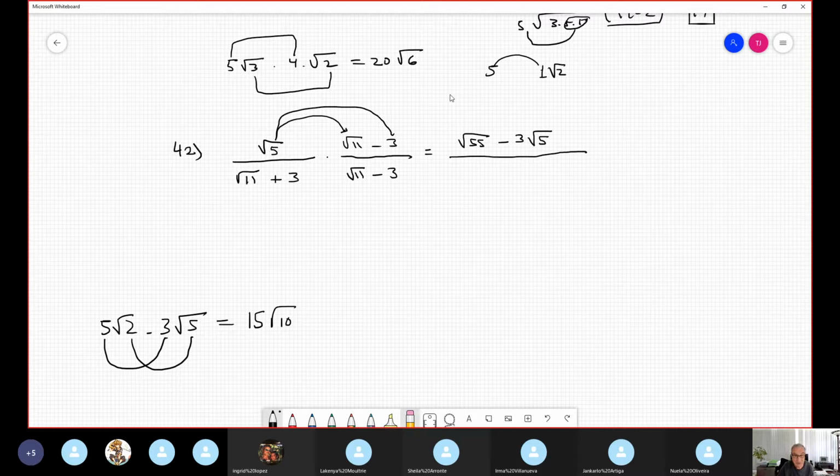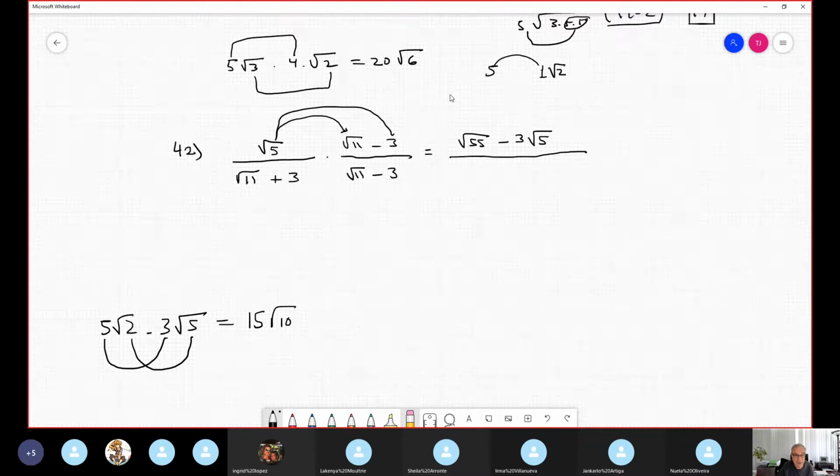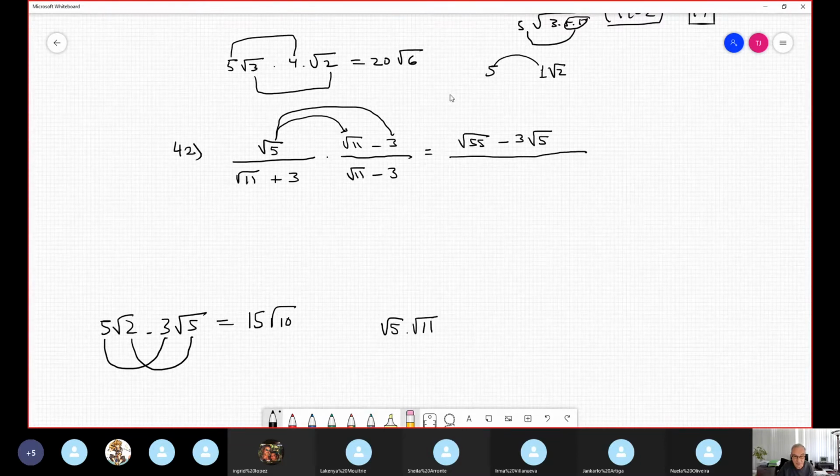Make sense? In this case, radical 5 times radical 11. Okay, let's do it separately. Radical 5 times radical 11 is radical 55. Yes, in this case we can multiply because they are inside the radical. However, radical 5 multiplied by negative 3 is negative 3 times radical 5, because 3 has no radical.